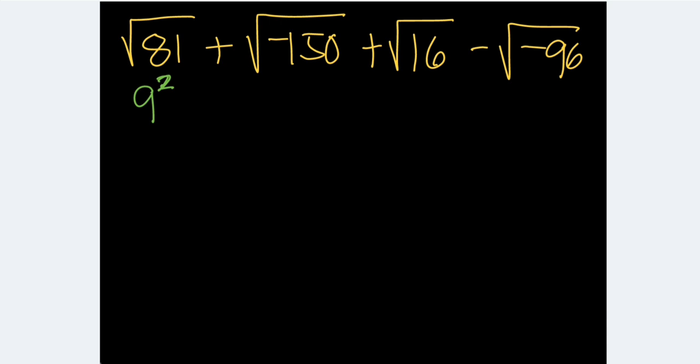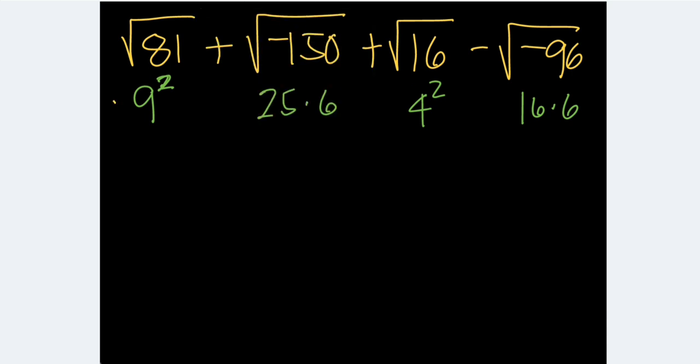What about 150? 150 is 25 times 6. 16 is 4 squared. 96 is divisible by 16. Okay, 16 times 6. Yeah. Alright.